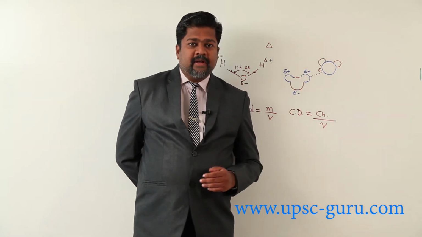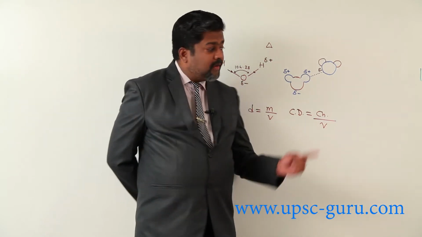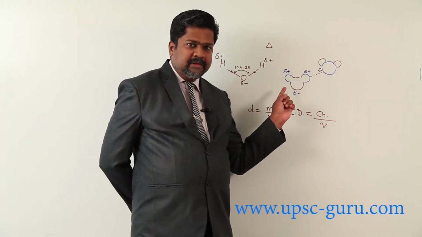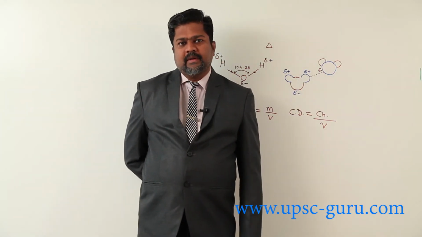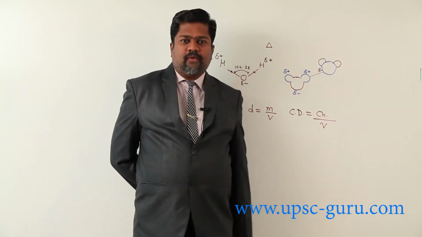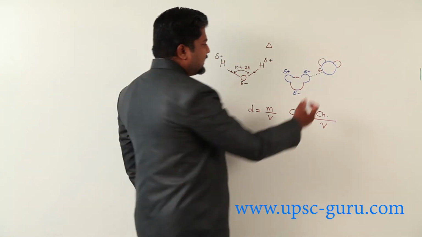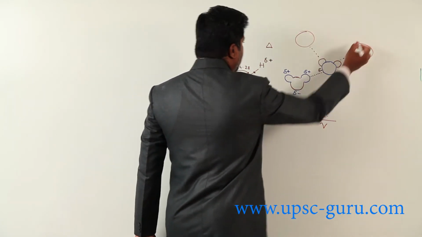This type of bonding is called hydrogen bonding, where orbitals are not involved directly, but there is weak attraction developed between molecules. As a result, with this type of forces, you can imagine the same way here with another water molecule, here with another water molecule.